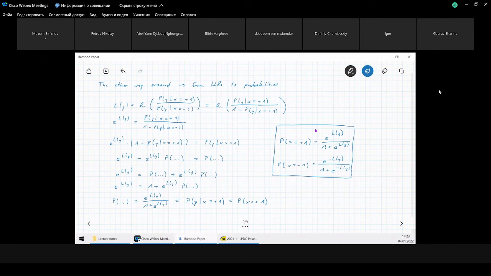Let's write underneath this here in the same way, for P of x being minus 1.